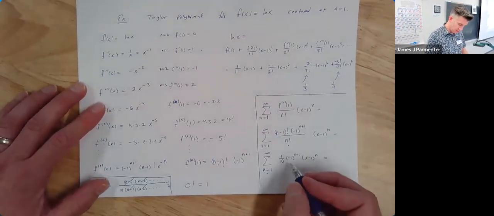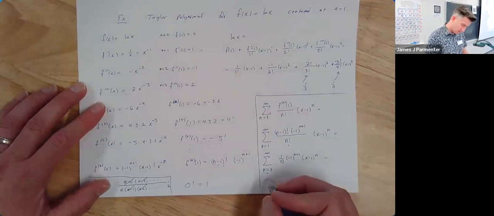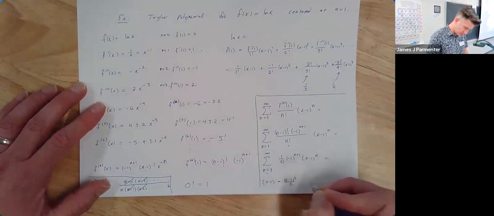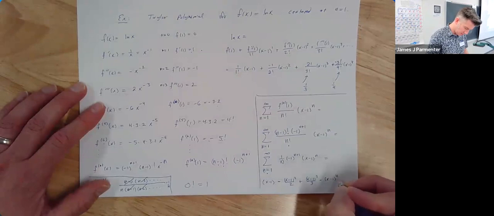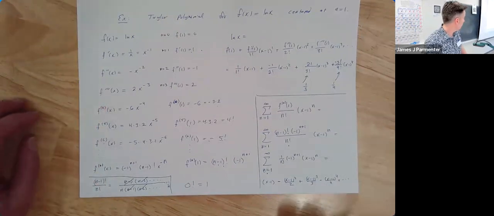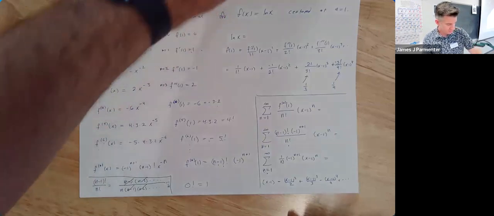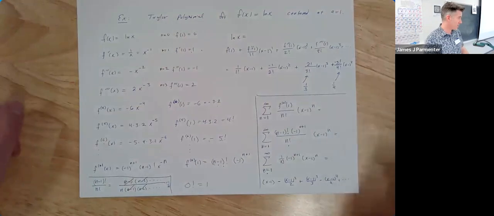The terms would literally be x minus 1 minus x minus 1 squared over 2 plus x minus 1 cubed over 3, and so on and so on and so on. There's the Taylor polynomial for the natural log of x at a equals 1.